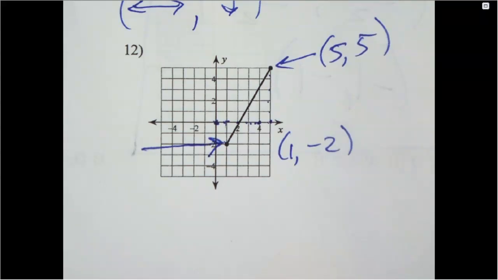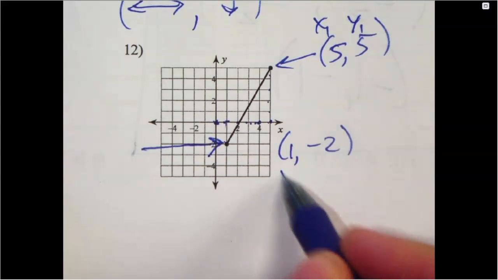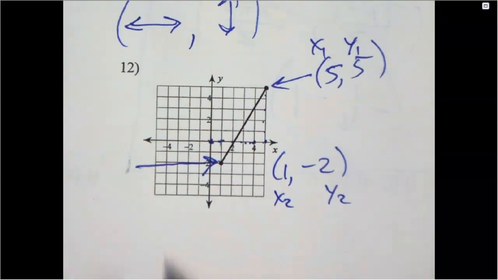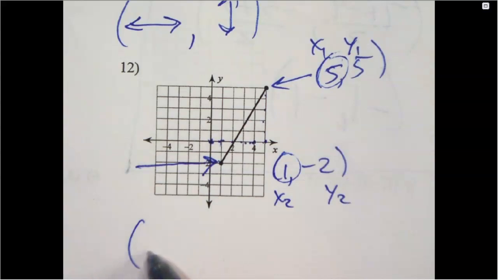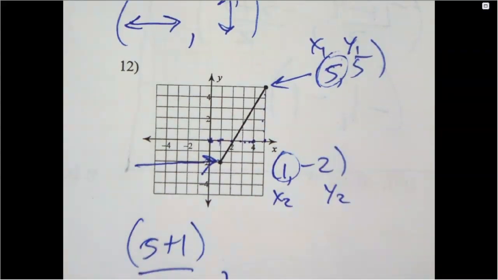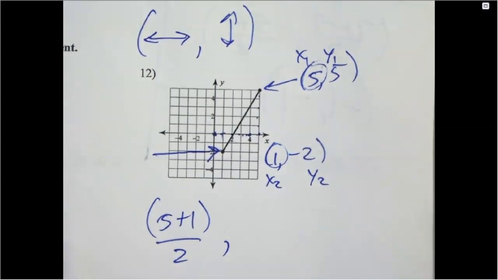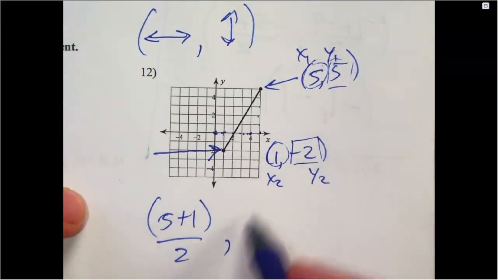Alright, so let me go from there. I'm just going to use my formula now. So this is like x1, y1, x2, y2. My formula says I add up the two x values. So 5 plus 1, and I divide that by 2. And then I added my two y values. So 5 plus negative 2.